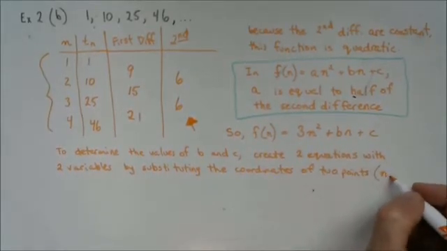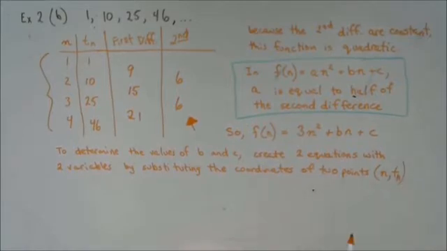And those points come from n, t sub n, which come from our table of values.